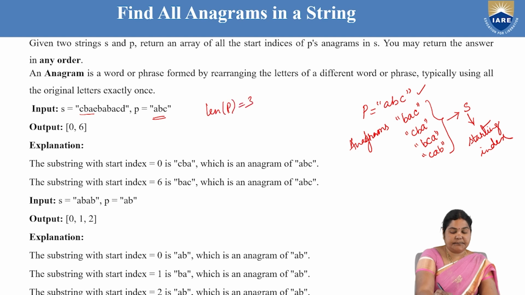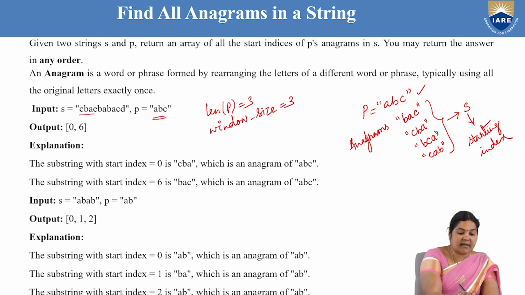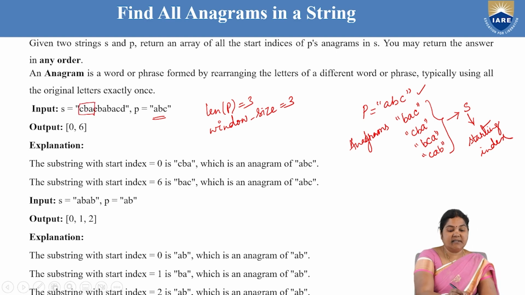Length of P is 3. So, we'll take window size of 3. Okay. So, 3 characters I will slide. If I take my first slide as CBA, CBA is anagram of ABC. Then, what is the starting index of this anagram? It starts from index number 0. So, we will store it into a list that the starting index of this anagram is 0. We will store it. Okay.